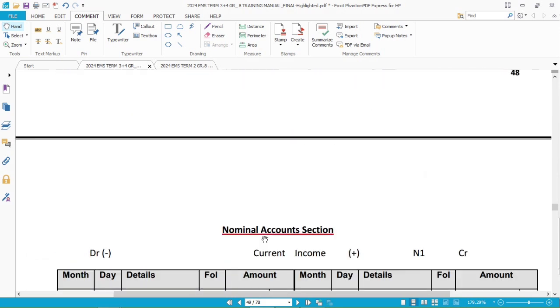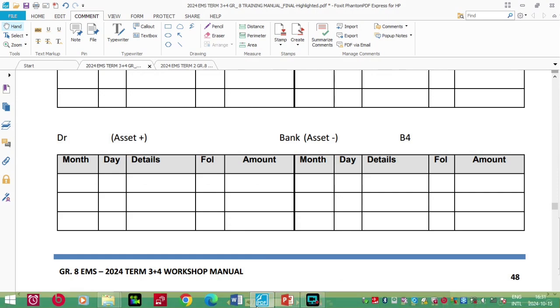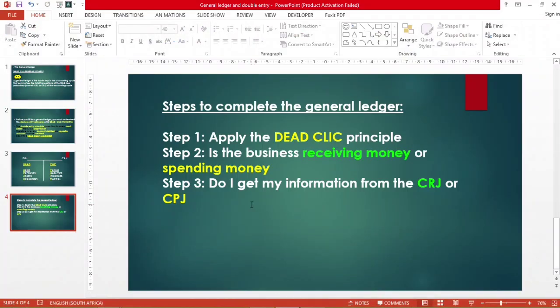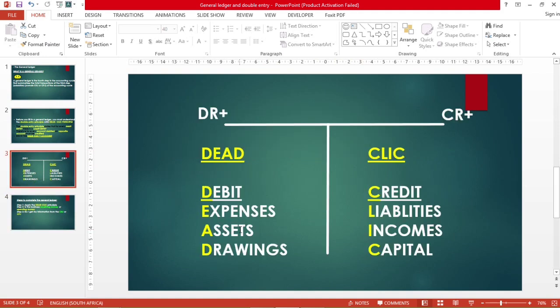So in our slides, you look at step 1, which is debit principle. We need to apply it. If I look at bank, I see that bank is not an expense, but an asset. An asset increases on the debit side and decreases on the credit side.